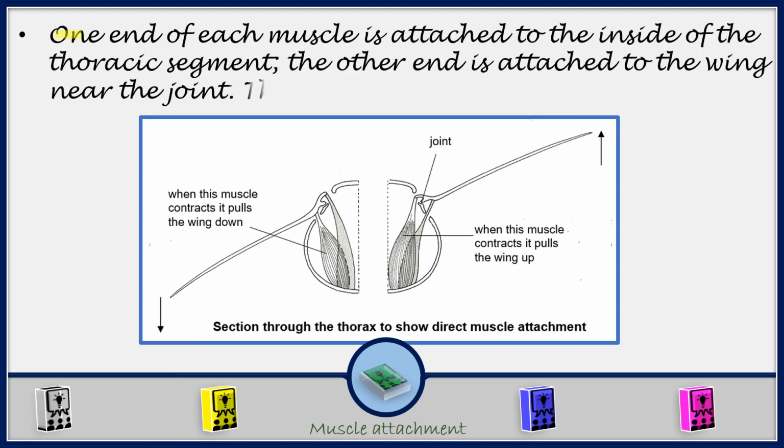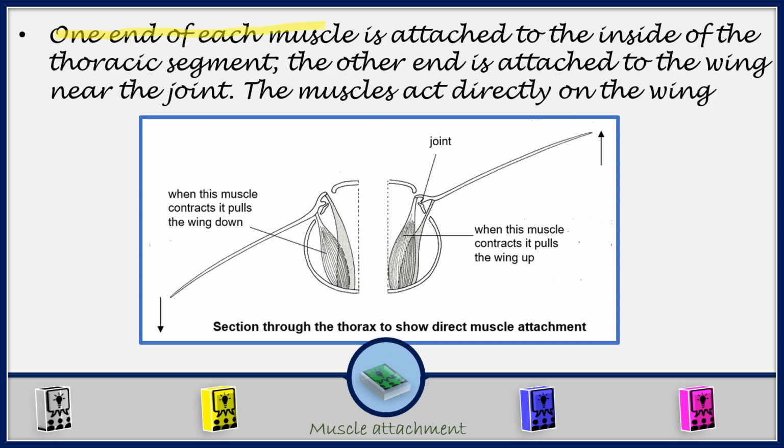At one end, each muscle is attached to the inside of the thoracic segment. So this is the muscle that we are talking about. If this is the muscle, one end is attached at the inside of the thoracic segment. This is our exoskeleton, which is making up the thoracic segment.